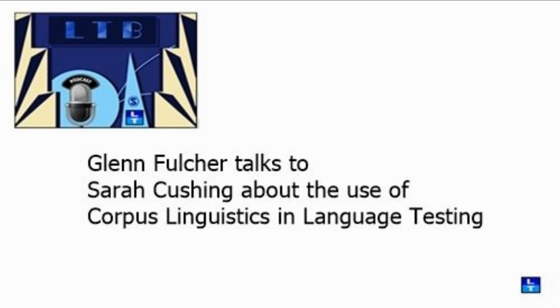In 1991, Butler wrote an article in System on using concordancing to develop cloze tests. And in 1996, Alderson asked the question about their potential future use. And in 2000, Hargreaves, who was then director of Cambridge Assessment, suggested that corpora could be used to identify which lexical items to test in order to assess collocational knowledge.